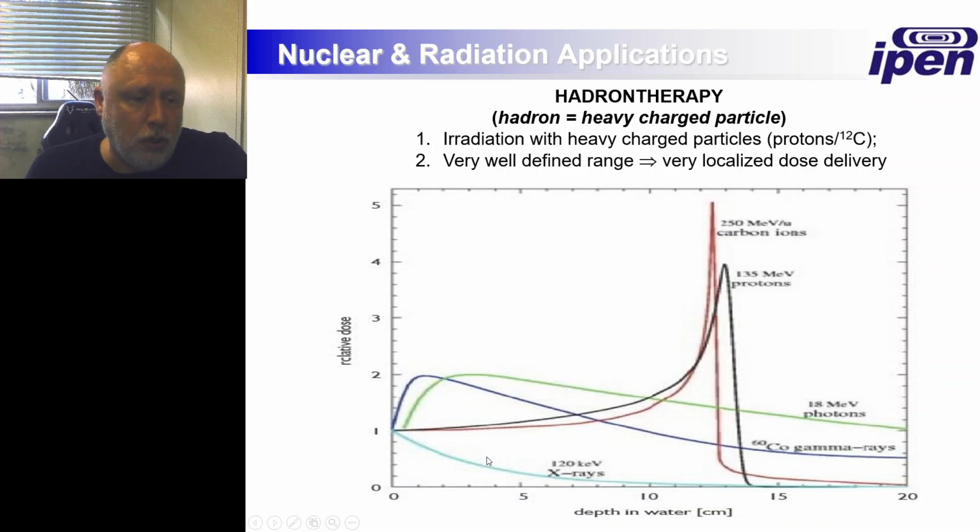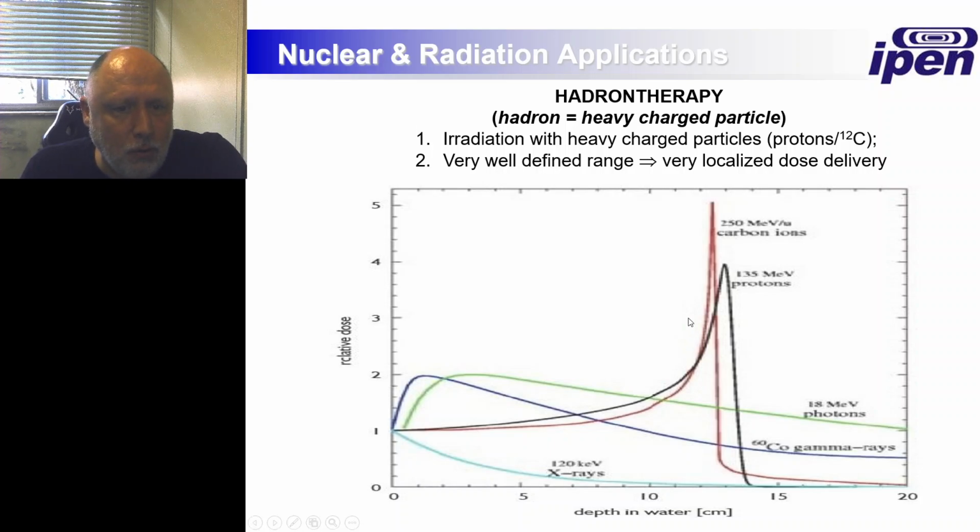Well, this is the Bragg curve for protons and for carbon ions, and compared here you have the gamma rays of cobalt, photons, 18 MeV photons from an accelerator, or 100 kilo electron volt X-rays.